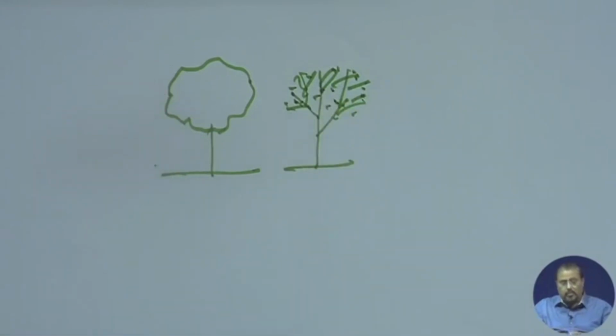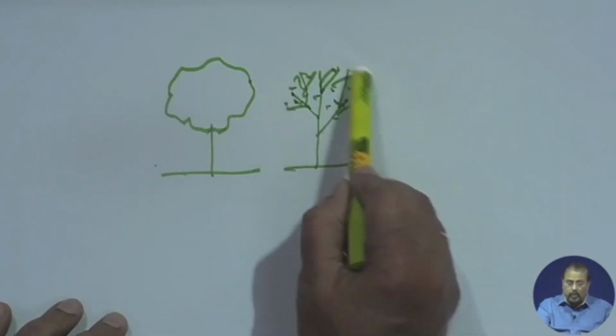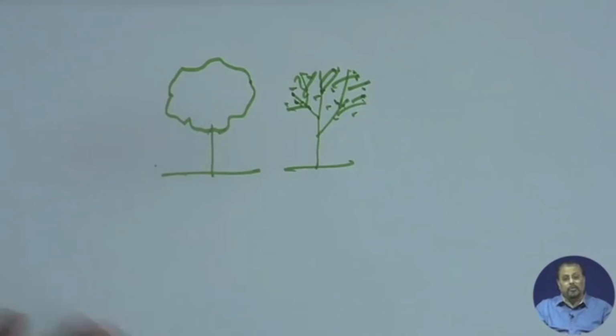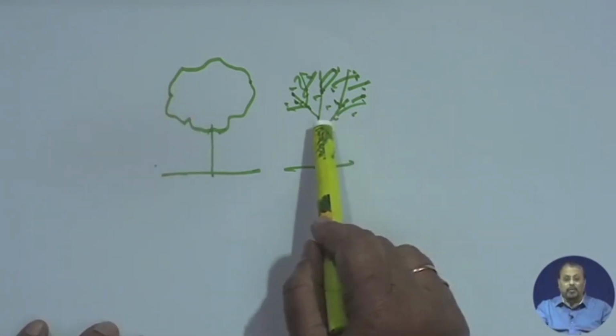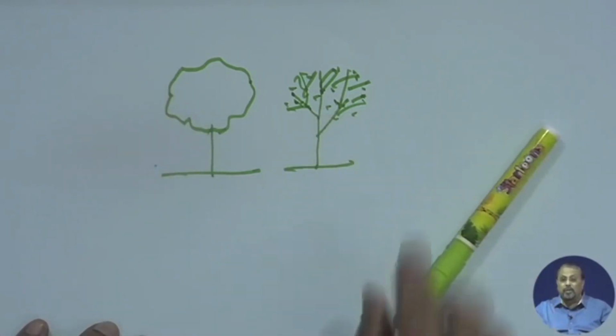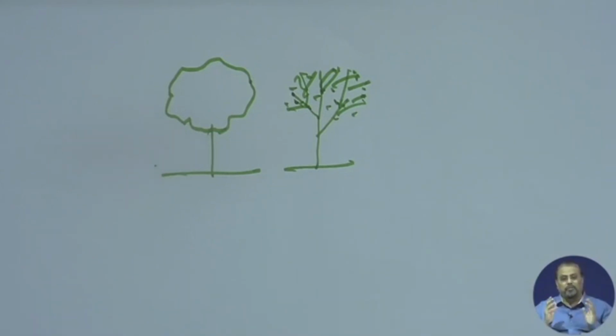Both are of equal height. This particular region is also almost uniform in terms of its planar, projected area, but the moment you look at it, you will say this is a heavy mass and this is a light mass. So basically it is the material contained within that gives you a feeling of heavy or light.